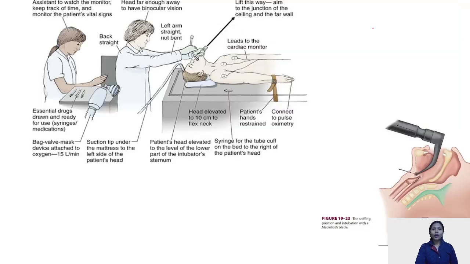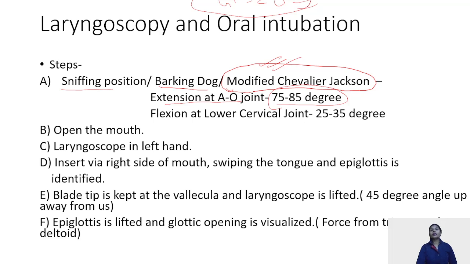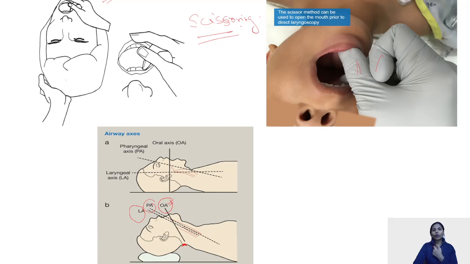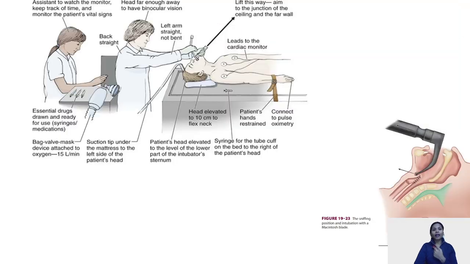Done. Now, once the mouth is opened, the laryngoscope is held in your left hand. You insert it via the right angle of the mouth. This is the right angle of the mouth.